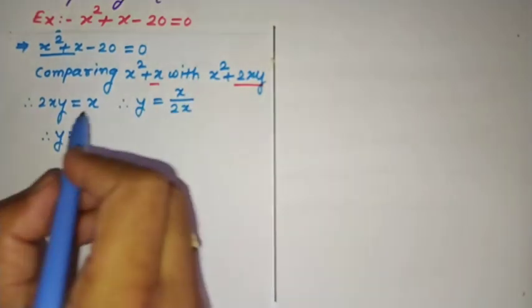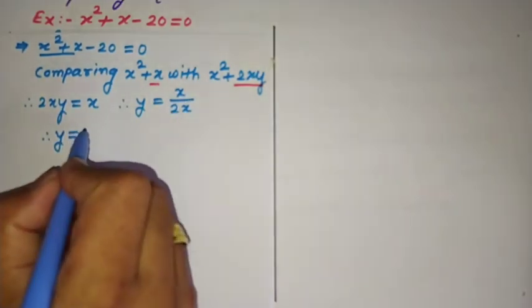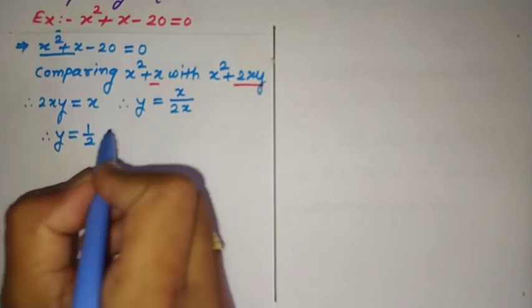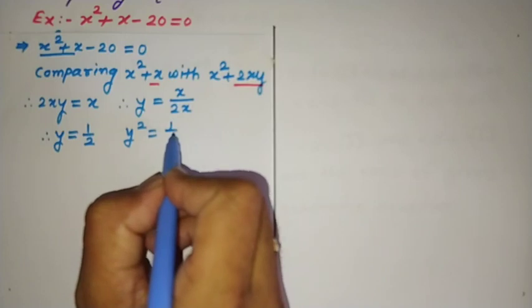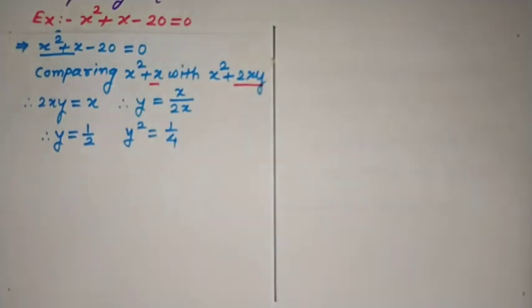Cancelling x, y is equal to 1 upon 2, and y square is equal to 1 upon 4.